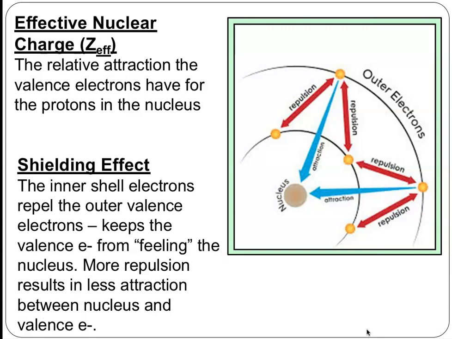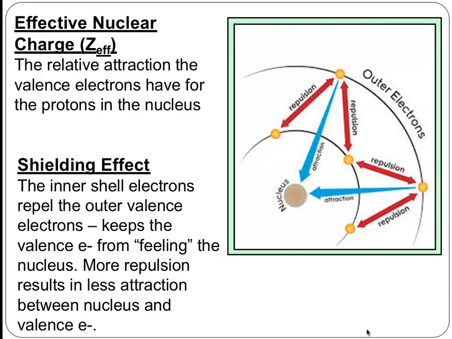There's a bit of repulsion going on, as you can see with the red arrows, that diminishes the attraction of the nucleus. So they work together and against each other, but ultimately, the more electrons you have between the nucleus and the valence electrons, the more diminished the effect is going to be.